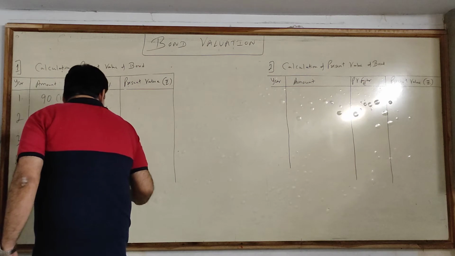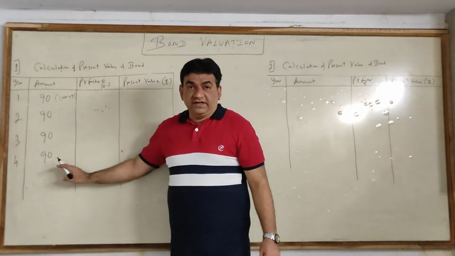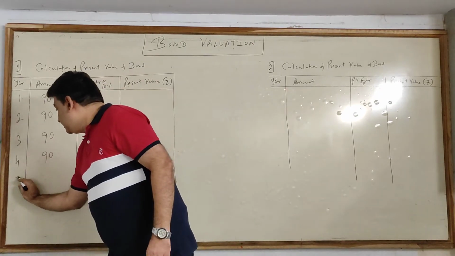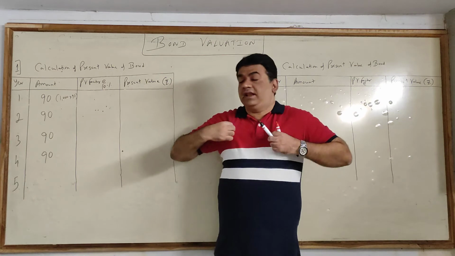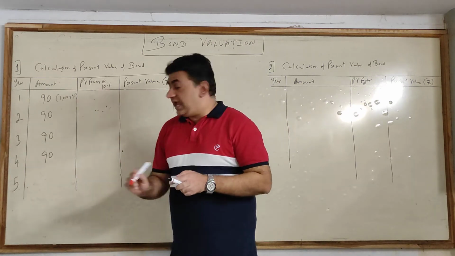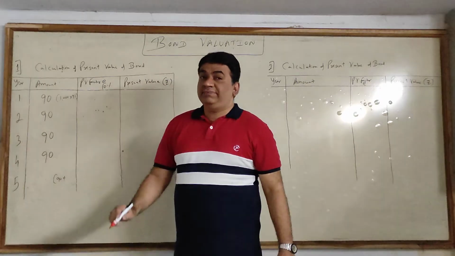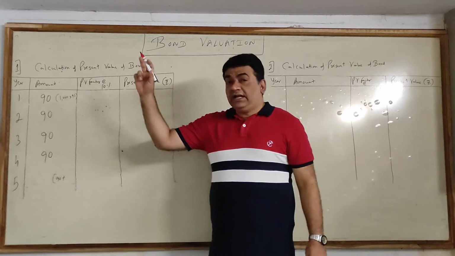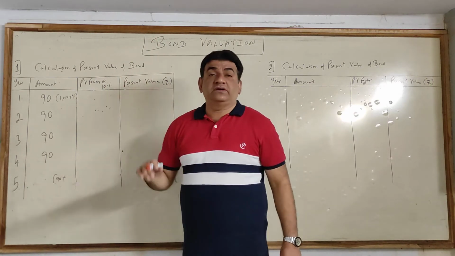Now listen very carefully. 5th year is my last year. When I come to the last year, interest I will definitely get, plus the 1000 that I invested in the starting, I will also get back.